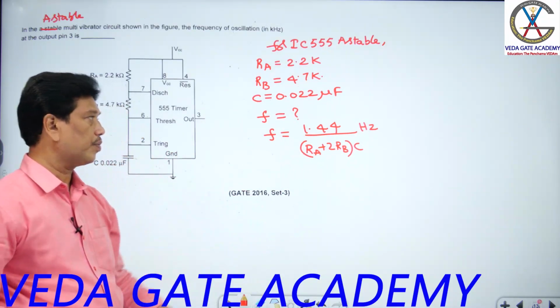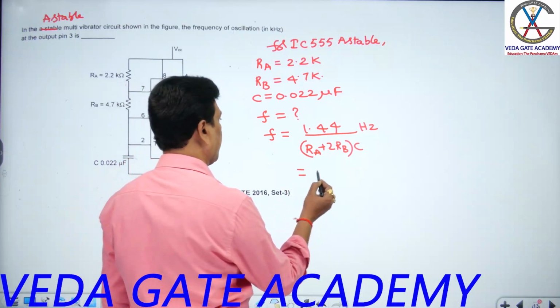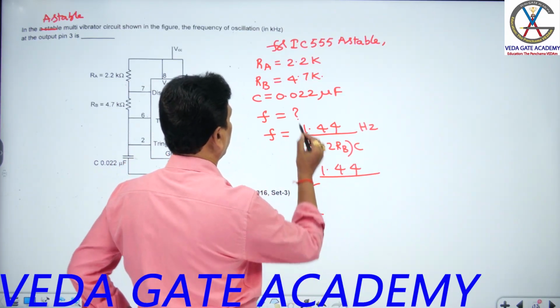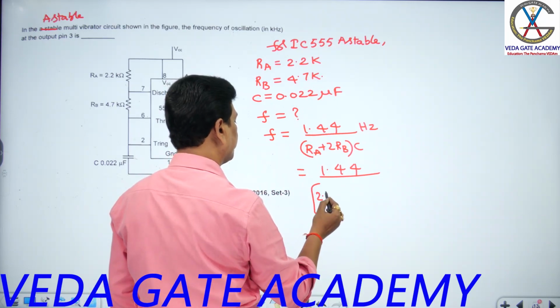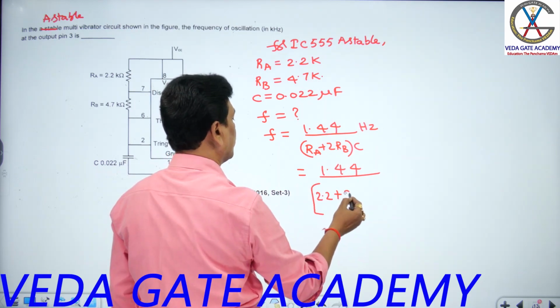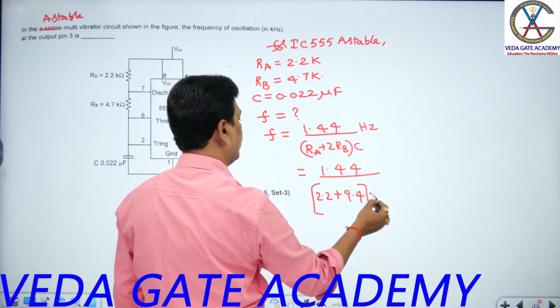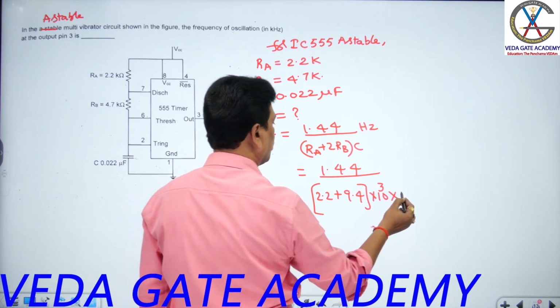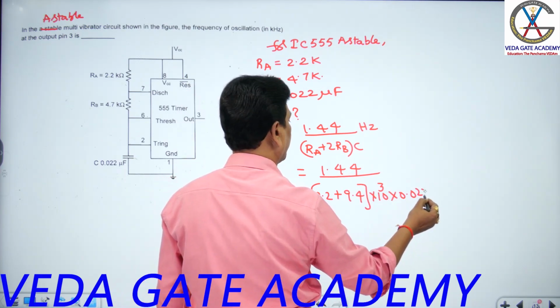Now I substitute the given values: 1.44, RA is 2.2k, 2RB means 9.4k, into 0.022 microfarad.